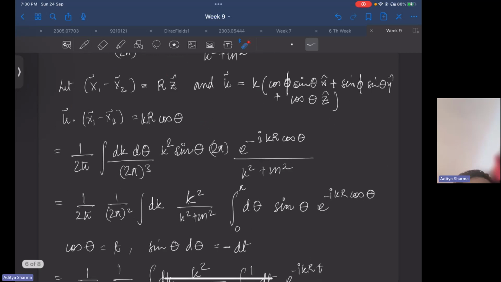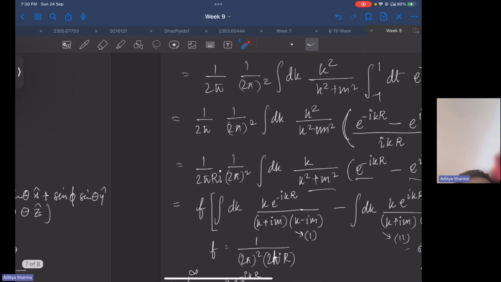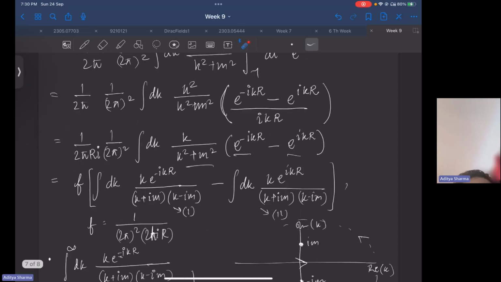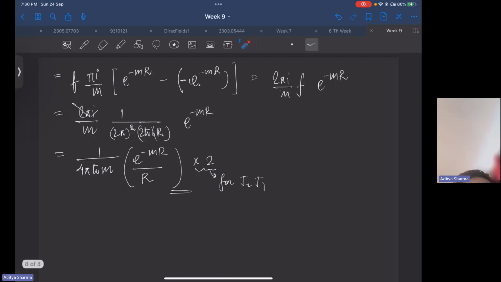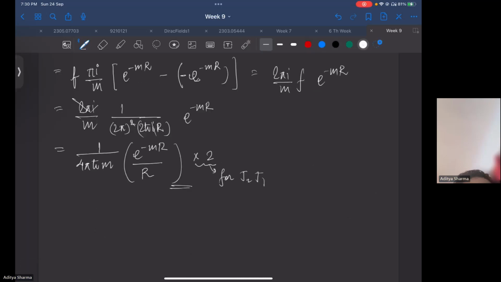Now what to do about it? What we can do is, I will try to show that it is 0. So what you have to do is r goes to 0. Okay. So e to the power minus mr by r, you have a 0 by 0 form.